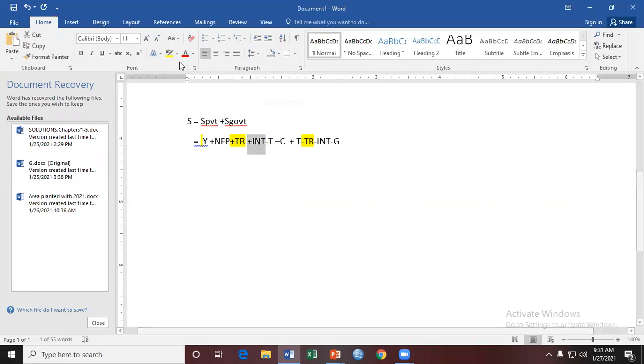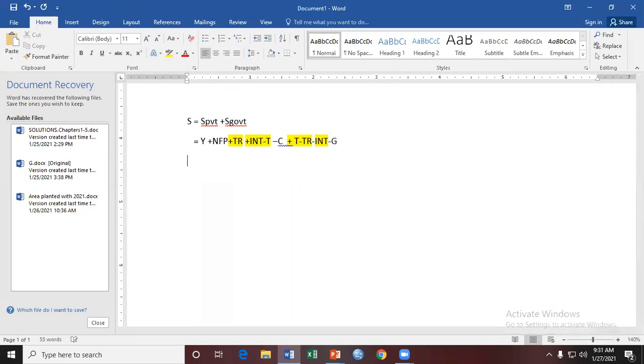This interest is in positive sign, this is in negative sign, so we'll get this value 0 now. This tax and this tax will be gone.